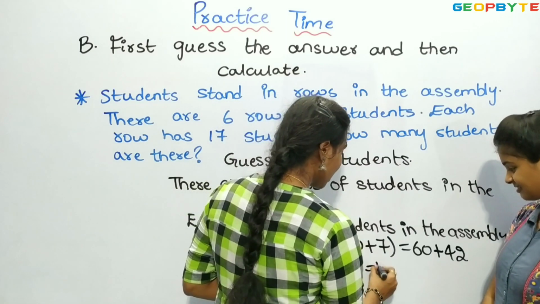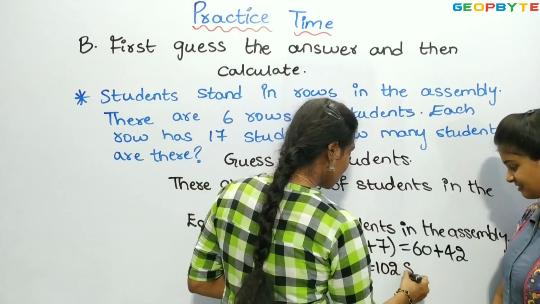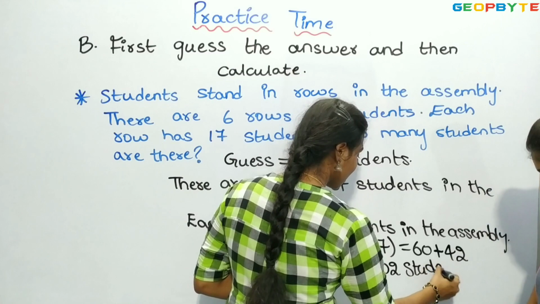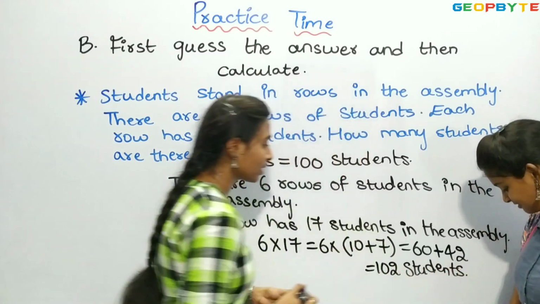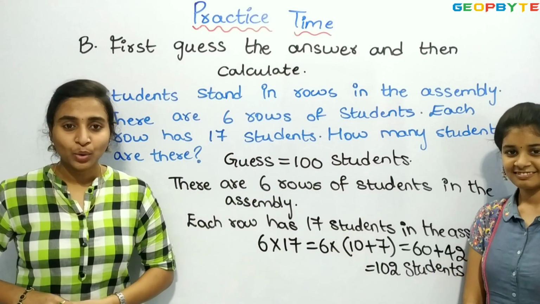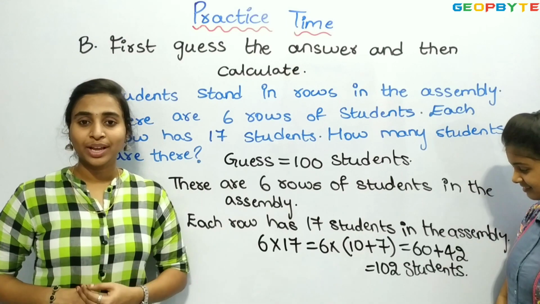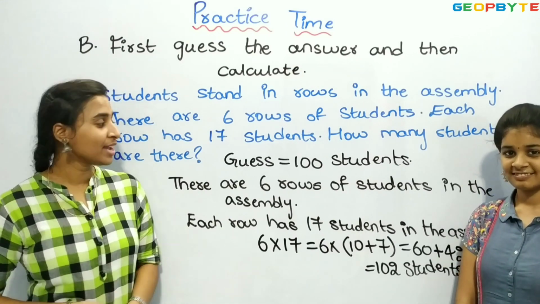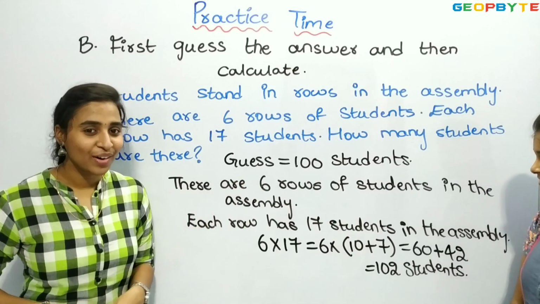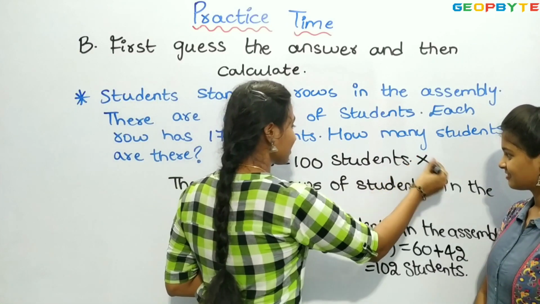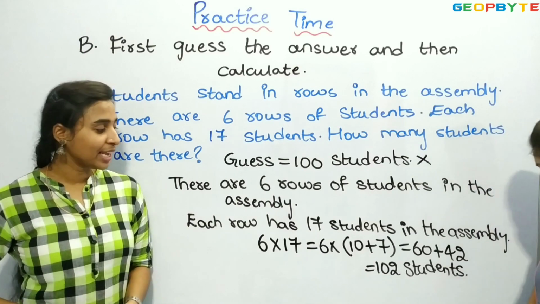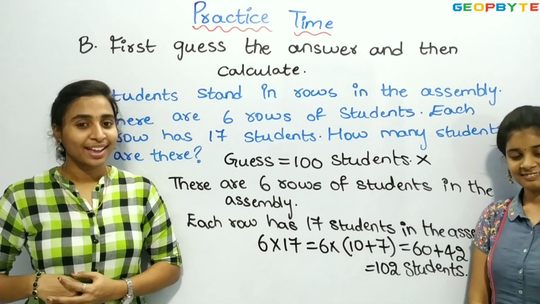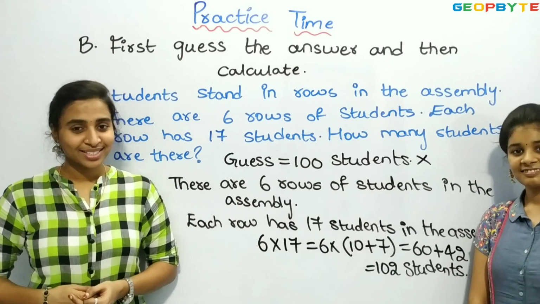Let us write 102 students. So children, there are total 102 students in 6 rows standing in the assembly. Our guess was wrong. So there were totally 102 students in the assembly in 6 rows.